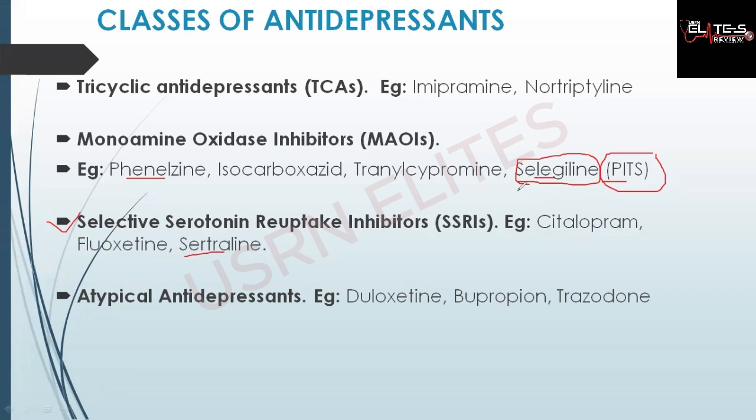So when you remember selegiline, the one with the G, just take it in your mind that it's part of the MAOIs, monoamine oxidase inhibitors. All right, but there is something. As we move on, I'll let you know.